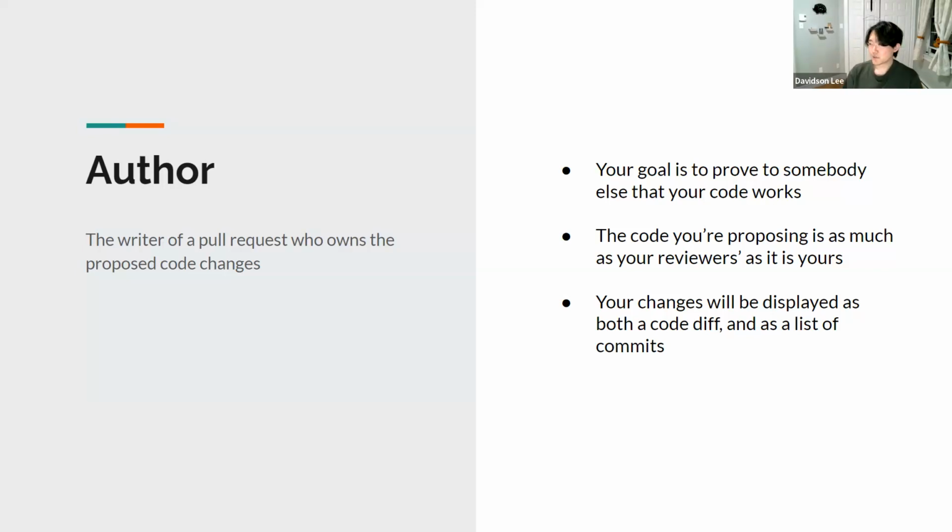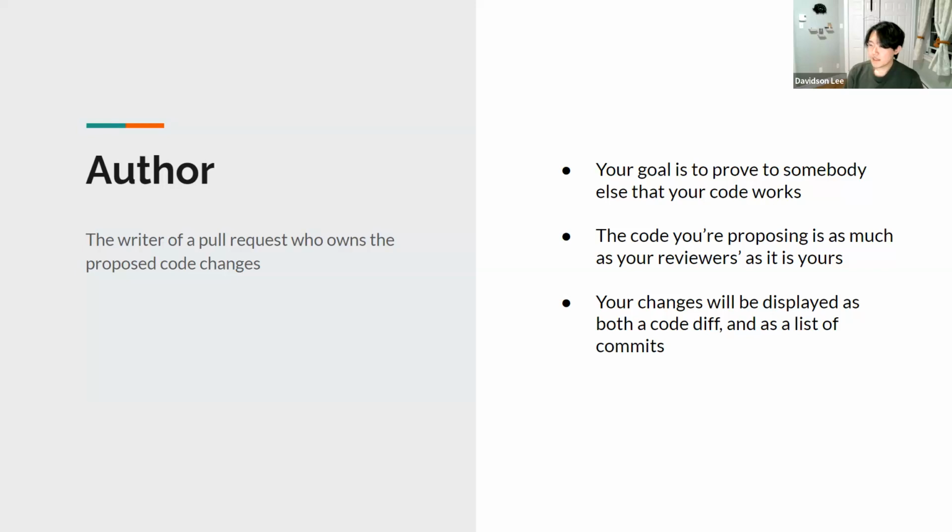As an author of the pull request, your primary goal is to prove to somebody else that your code works. Technically, ultimately you want your changes merged in, but more importantly than that, you are proposing a set of code changes to be accepted into the final product or into what is available for the end users or internally or whatever this repo represents.